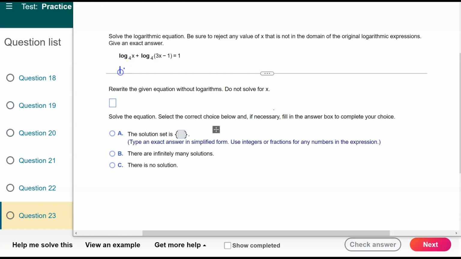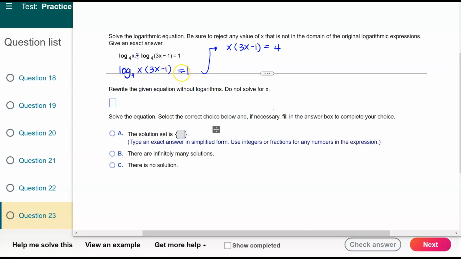So this is just the same as log. Since that is the sum, that means this is the logarithm of the product. So log base 4 of x times 3x minus 1 is equal to 1. And then you would have x times 3x minus 1 is equal to 4.